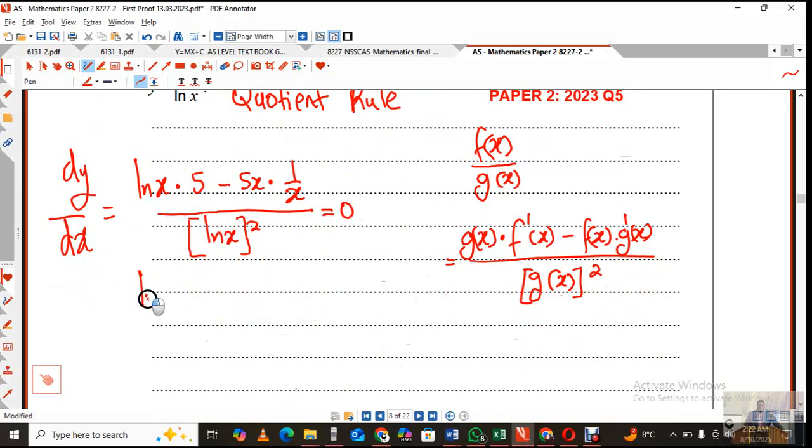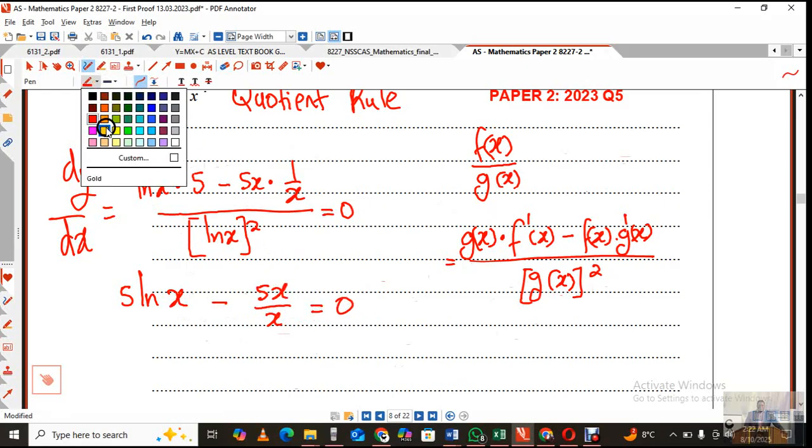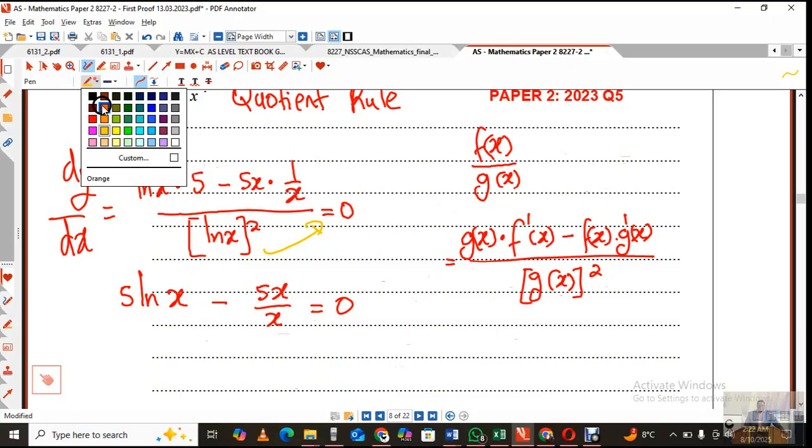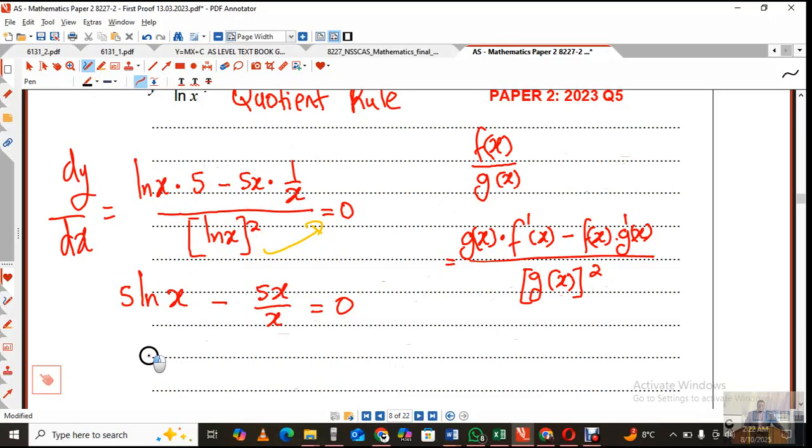So I have 5 multiplied by the natural log of x, minus 5x over x is equal to 0. And the reason why I'm letting it equal to 0 is because once I multiply that with 0, then it's just going to be 0. This here becomes 5 times the natural log of x minus 5.